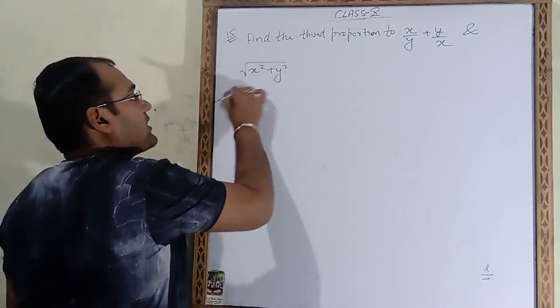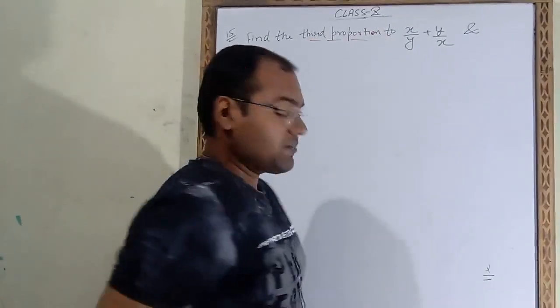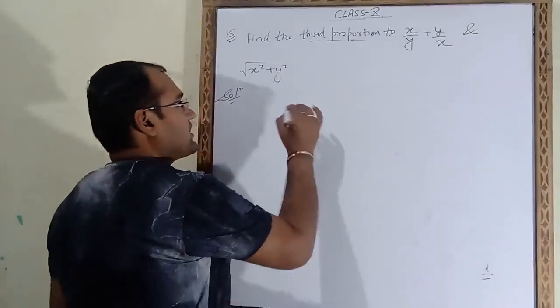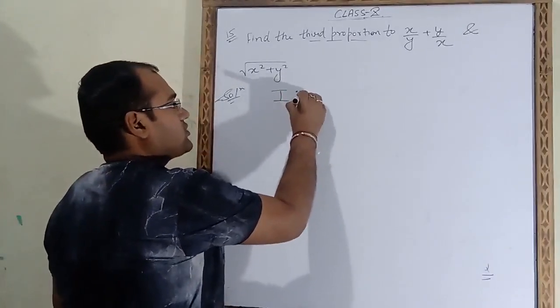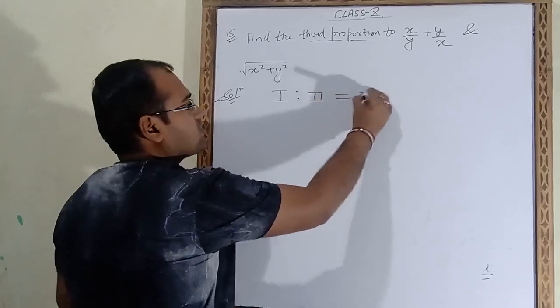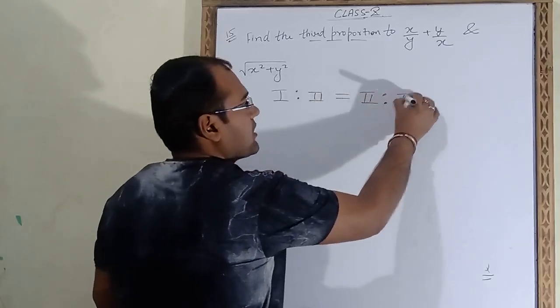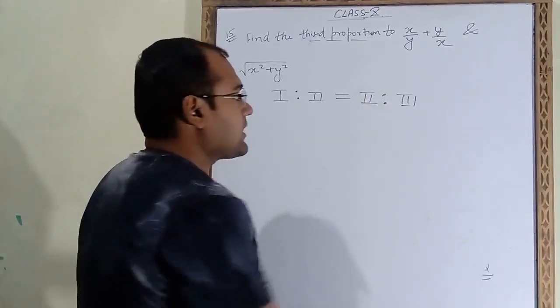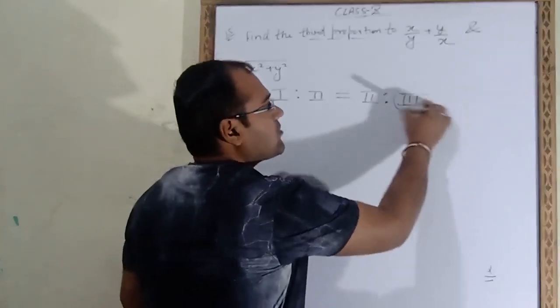So what do we have to find here? We have to find the third proportion. For third proportion we have to use the formula of continued proportion only. What is that formula? First number ratio second is equal to second ratio third. A ratio B is equal to B ratio C. So this third we have to find.